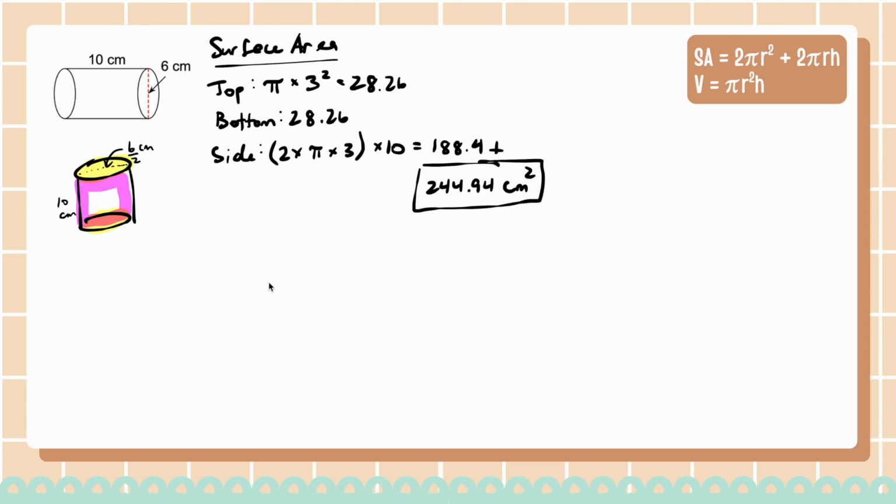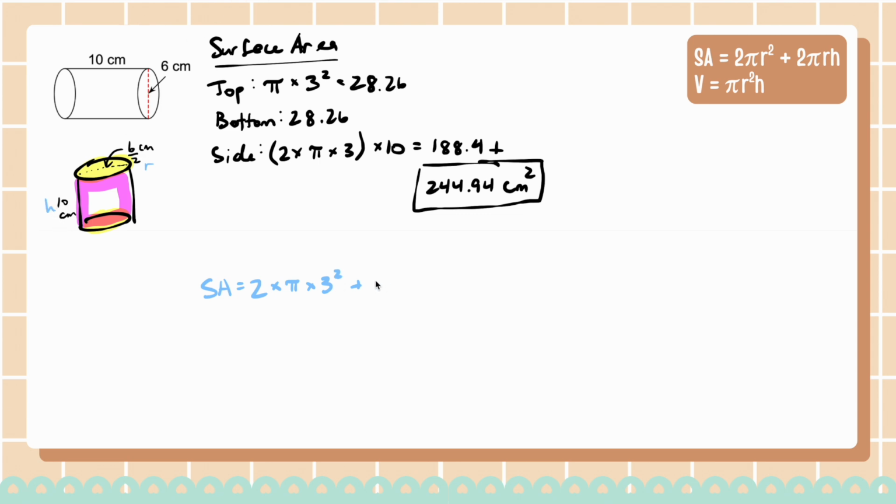Now let's try applying the surface area formula. So it starts with 2 pi r squared. Remember, our r in this problem was half of 6, which is going to be 3. So we're going to do 2 times pi times r squared, which is 3 squared. We're going to add that to 2 pi r h. Let's label our h. Here's our h.